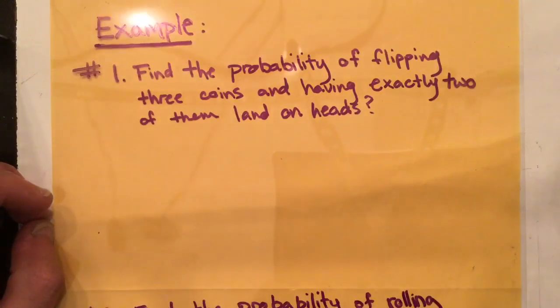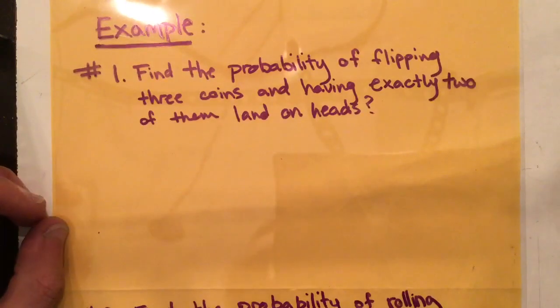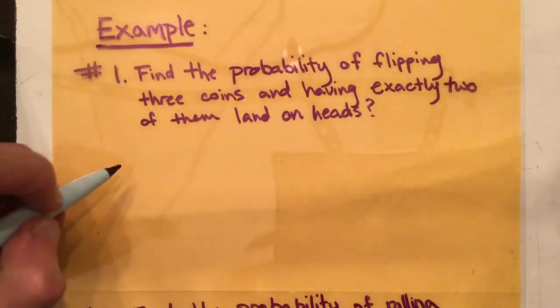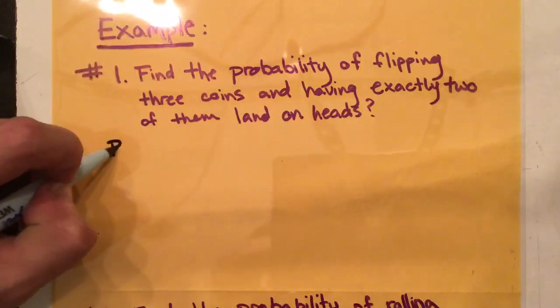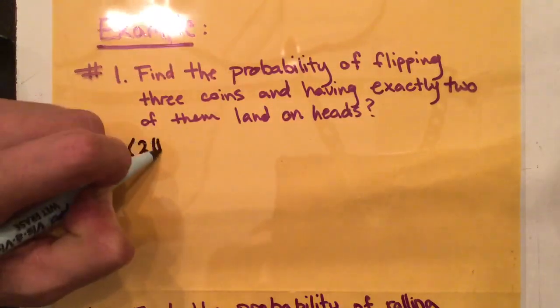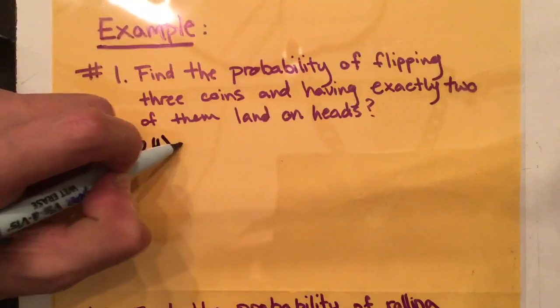So this is actually an example problem for the binomial distribution that we were just talking about. And so here we are looking for the probability of getting 2 heads out of the 3 coin flips.